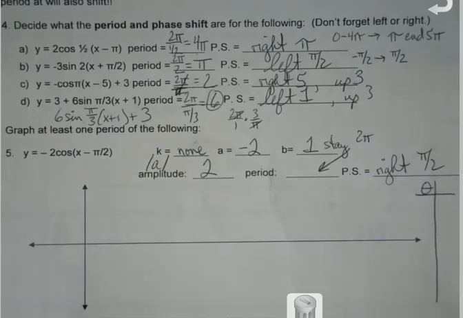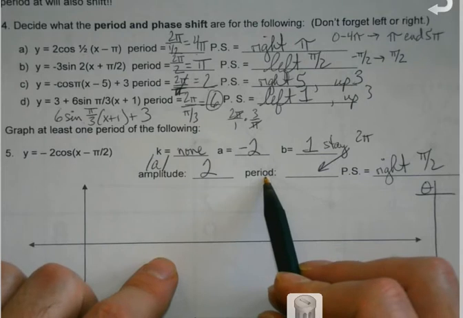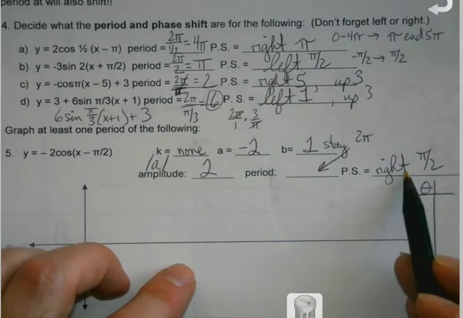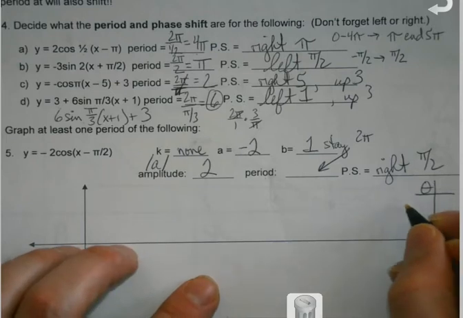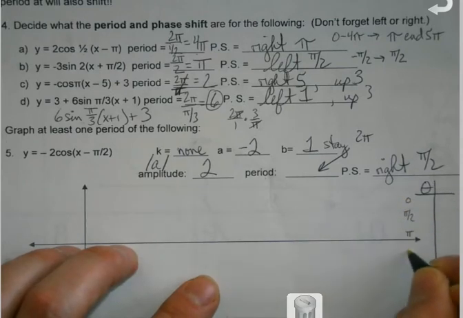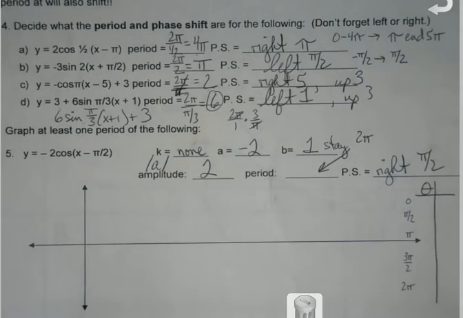So I think about this and I'm like, okay, my period's not changing. Since I notice there's going to be a phase shift, I'm going to make myself a little tiny writing over here with what my base values would be. And again, with sine and cosine, those are always my parent graph or base graph values. And if you can't see my little tiny writing, it's just 0, pi over 2, pi, 3 pi over 2, 2 pi. But I'm shifting all of them.